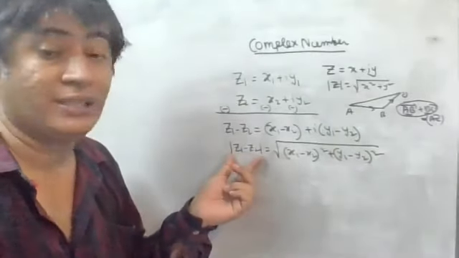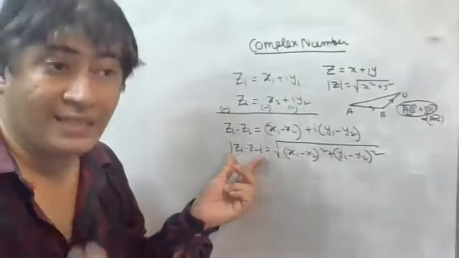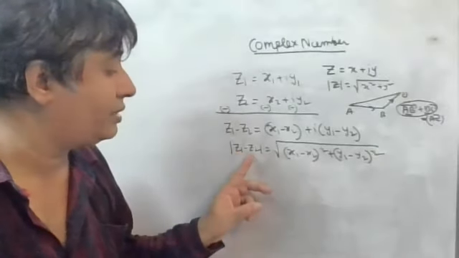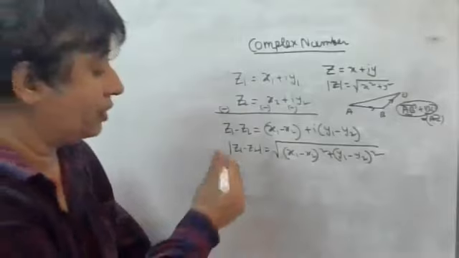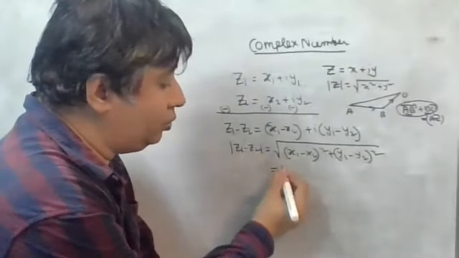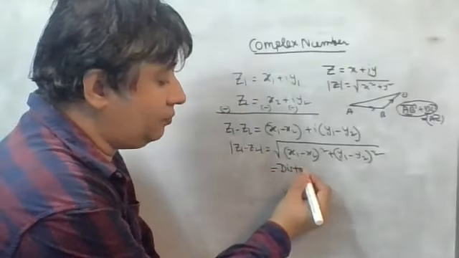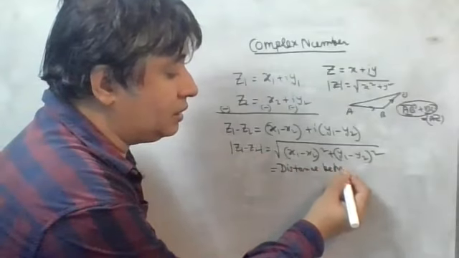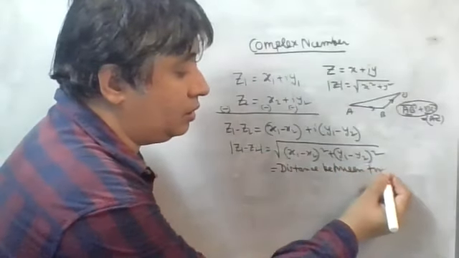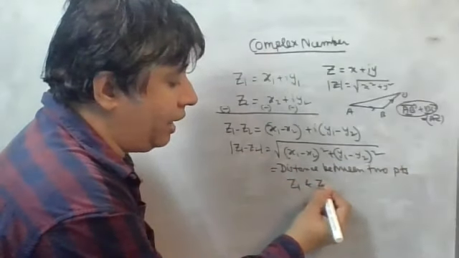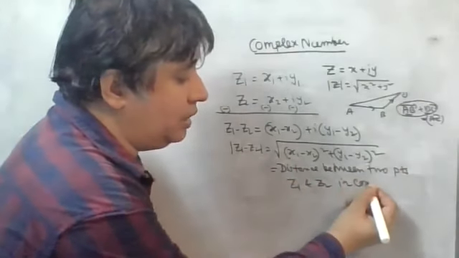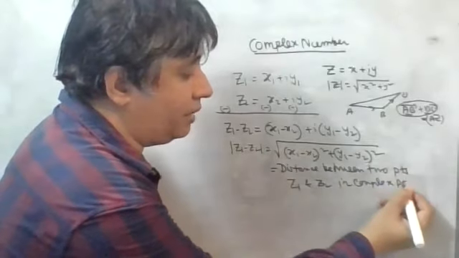So mod z1 minus z2 is the distance between 2 points z1 and z2 in the complex plane.